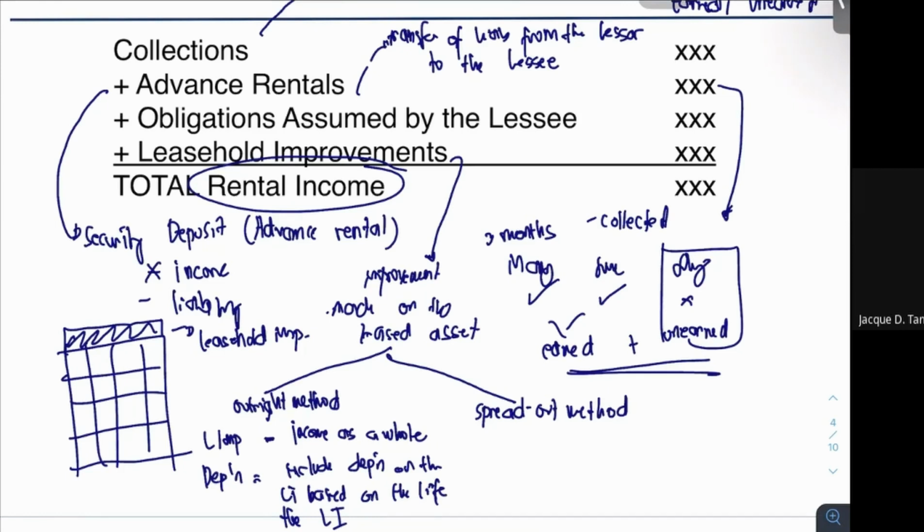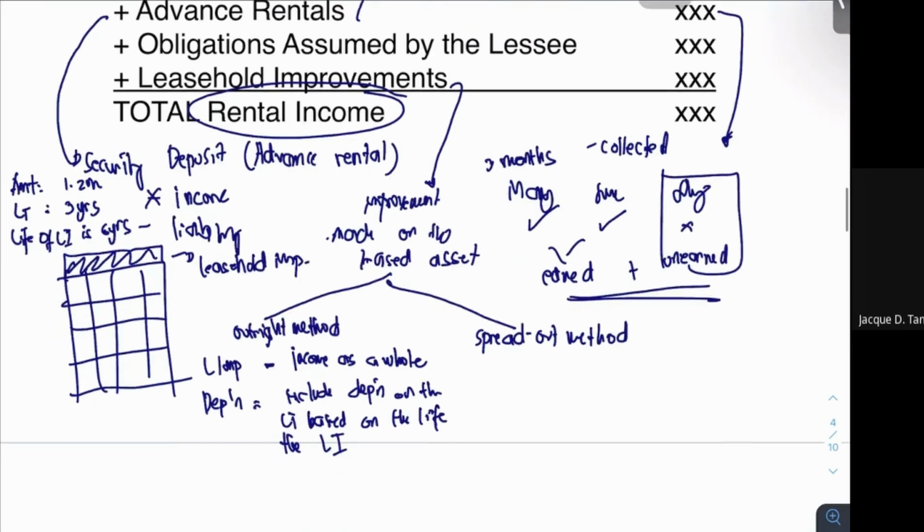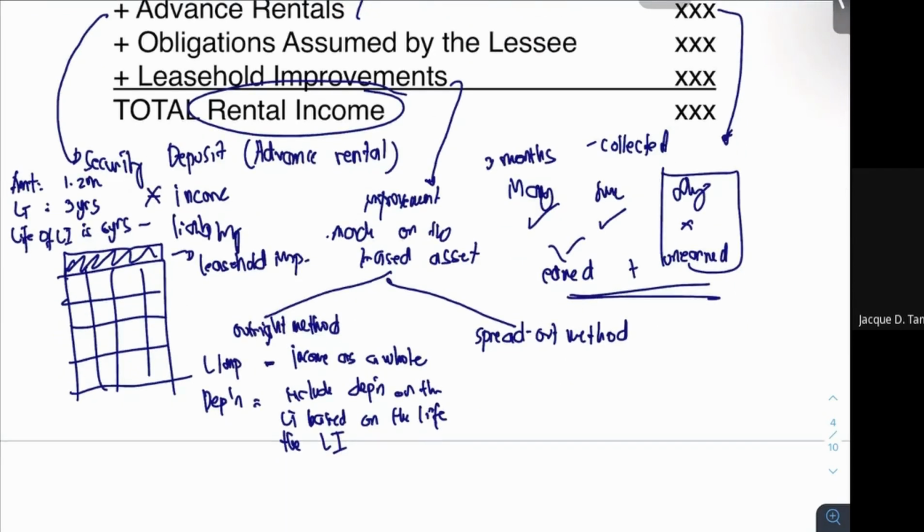Okay, so let's say, for example, the amount of improvement is 1.2 million. The lease term is 3 years. And the life of the leasehold improvement is 6 years. So based on the outright method, year one, year two, year three, that is the lease term.